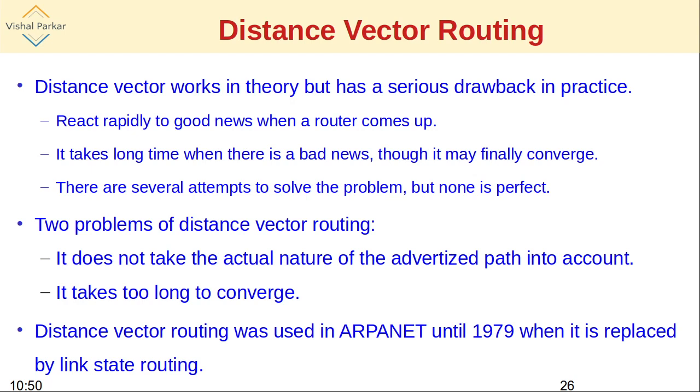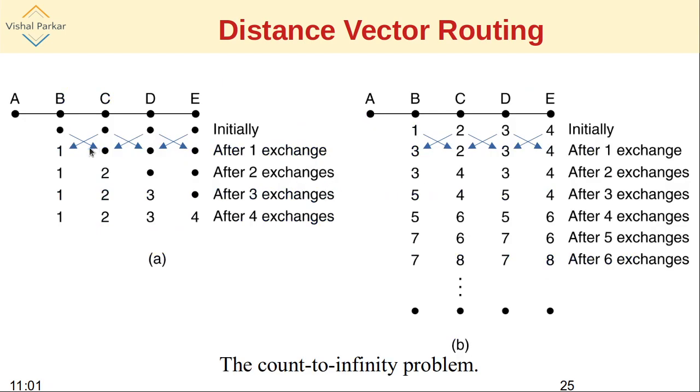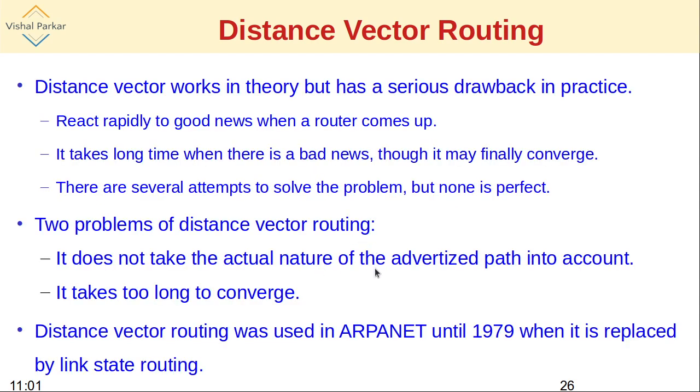The reason why distance vector routing suffers from these problems is because of two facts. It does not take the actual nature of the advertised path into account. Previously, we have seen that B does not know that the path by which C claims to have a distance of 2 to A is going through B itself. So the real nature of the advertised path is not taken into account.